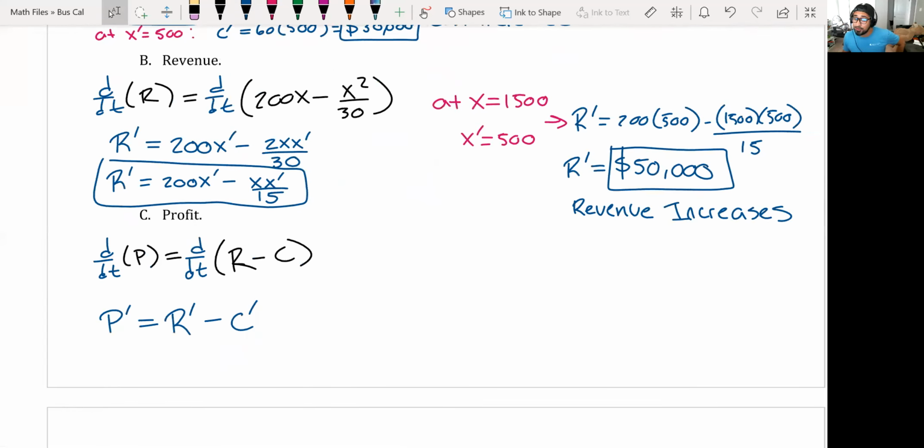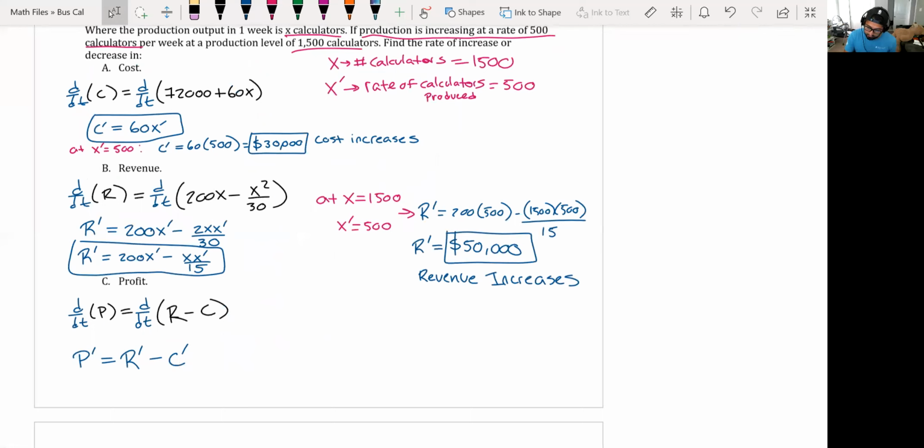And it just so happens that we have the value of r prime and we have the value of c prime. All we have to do is subtract those two and we're done.